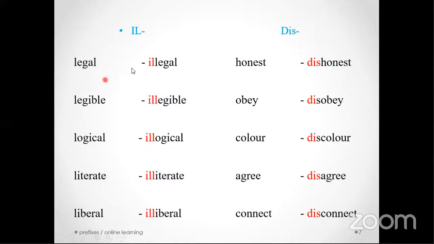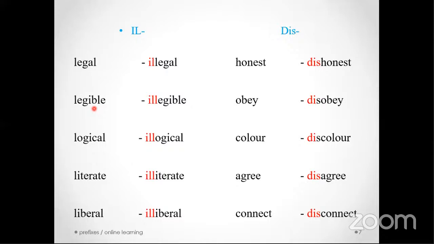Here we have placed the prefix il and legal, right? Legal, and it's illegal. Legal means නීතිමය. Illegal means නීති විරෝධී. Right? නීතියට පටහැනි. Opposite meaning. Next one, it's legible.